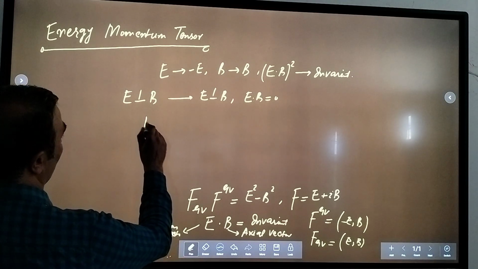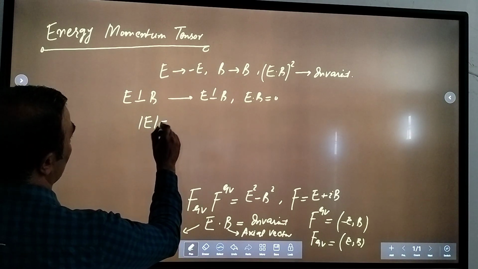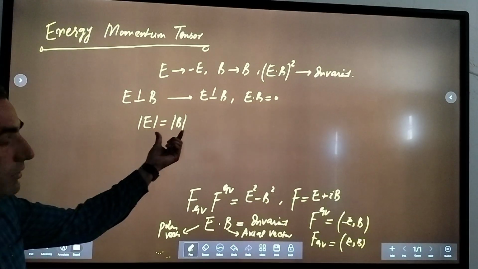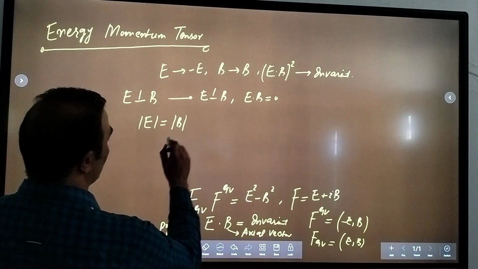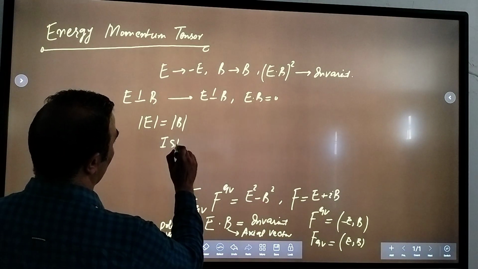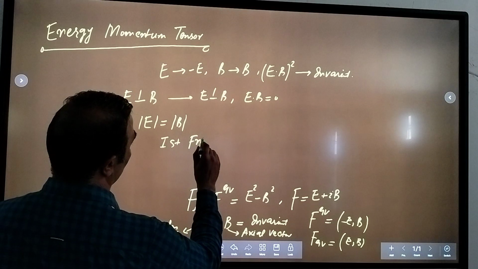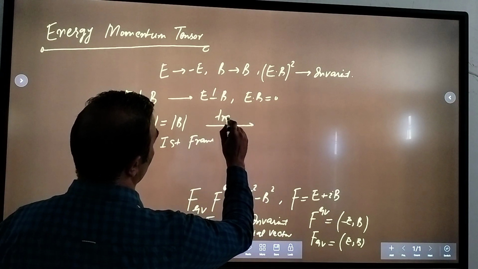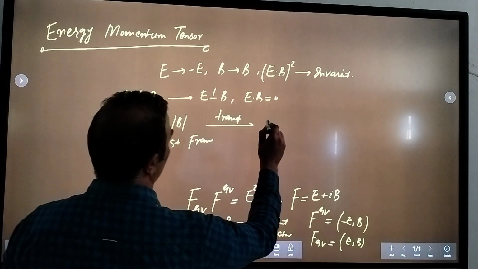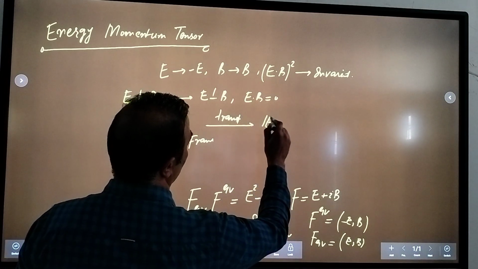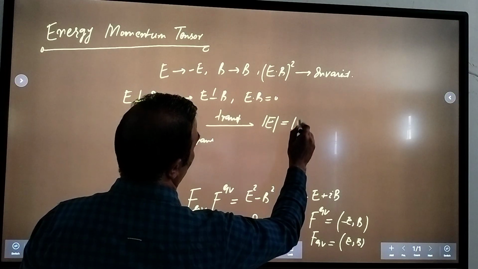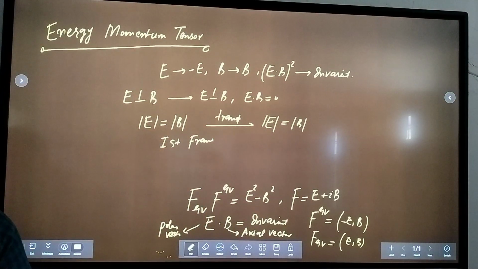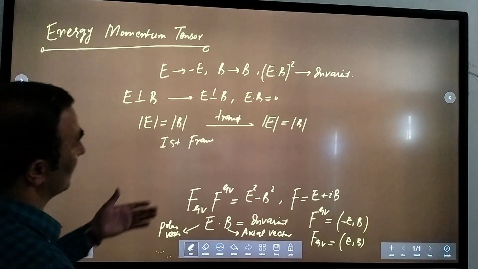Or you can say that if the absolute value of the electric field is equal to the magnetic field in the first frame, then when you make the transformation, the value remains. So there are many problems.